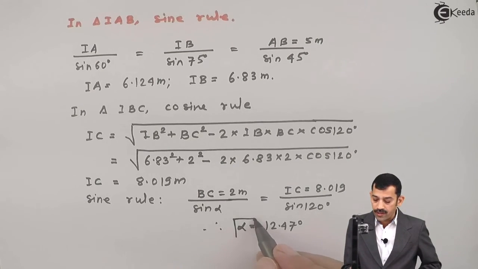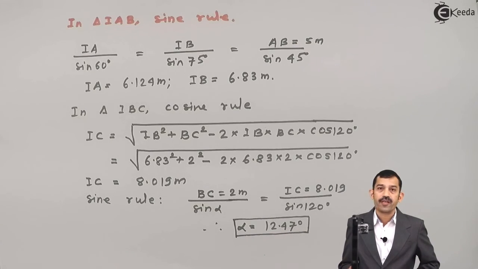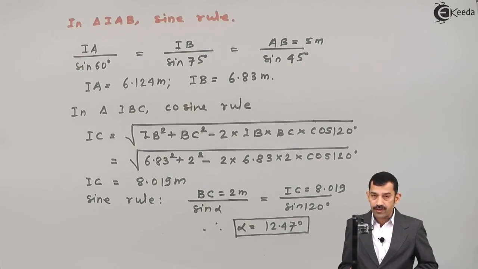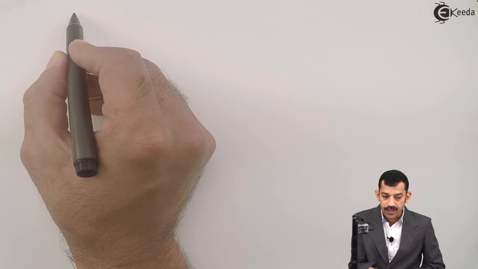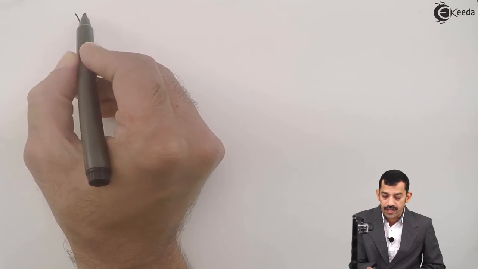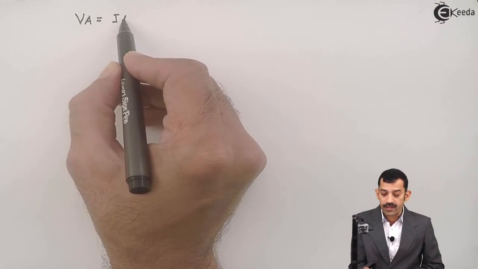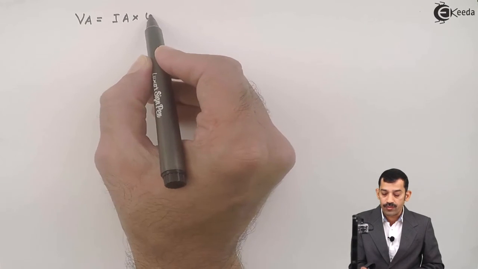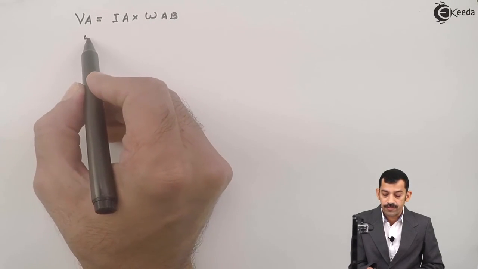Now you know all lengths and angles, therefore simply applying equation V equal to R omega, we easily get all linear velocities as well as angular velocity of the points on rigid body. What is given in problem is linear velocity of point A, therefore we'll write first equation of VA. VA equal to distance of point A from center of rotation into omega of this bar AB, where VA is 5.